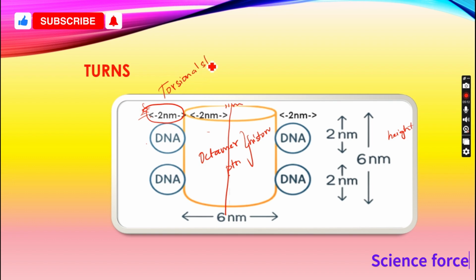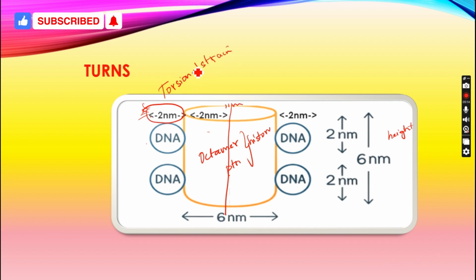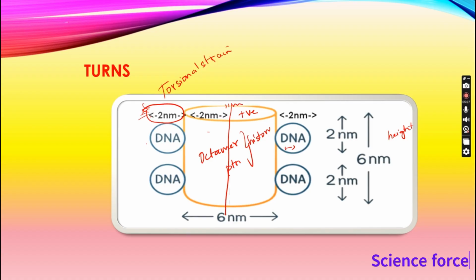Also, the histone has a basic character, being positively charged due to lysine and arginine, and the DNA is negatively charged due to its phosphate group. This charge balance makes it wound around it. There is also a torsional strain which makes it wound around it.